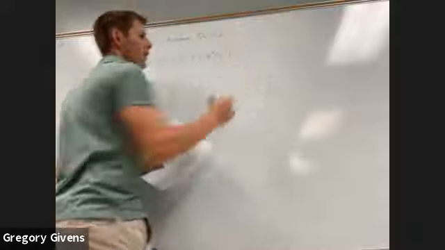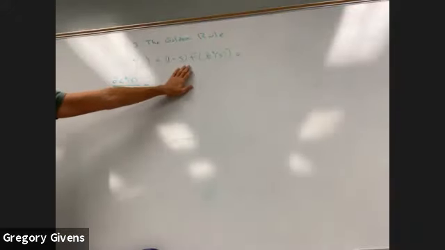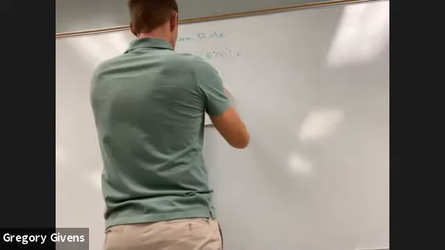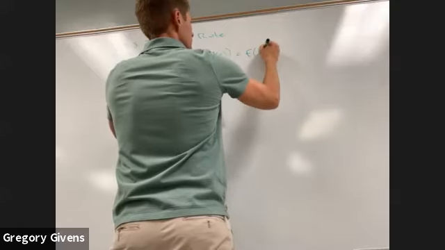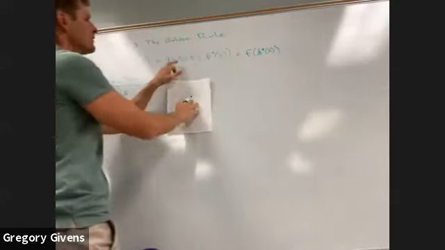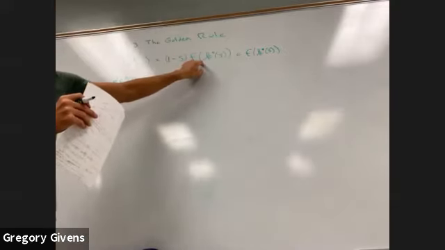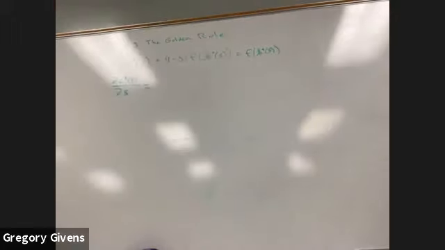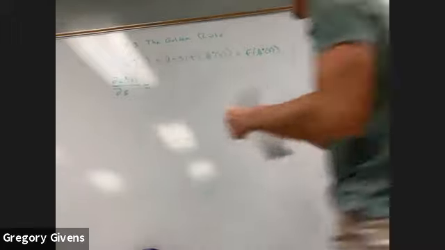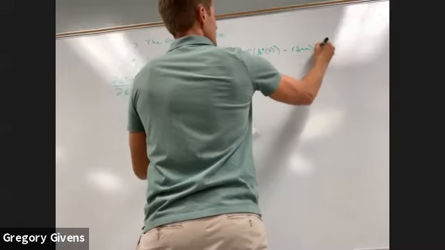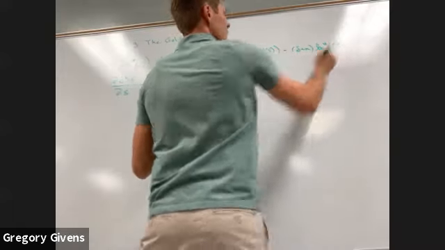Well, let me go back one step and rewrite this in a way that's going to help our analysis. (1 minus S) times F can be rewritten as F of K star of S minus S times F. Well, what is S times F equal to in the steady state? S times F is equal to (delta plus N) times K in the steady state. Savings is equal to this break-even investment. So it's F of K star minus (delta plus N) times K star, which is a function of S.